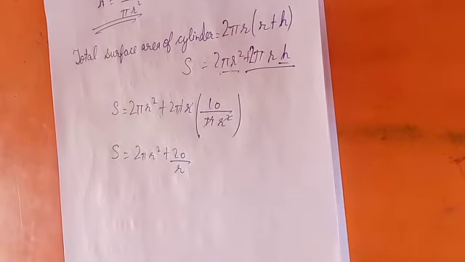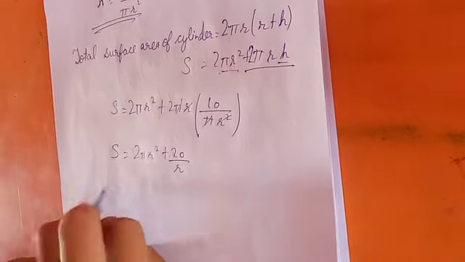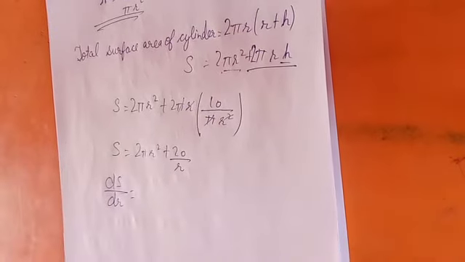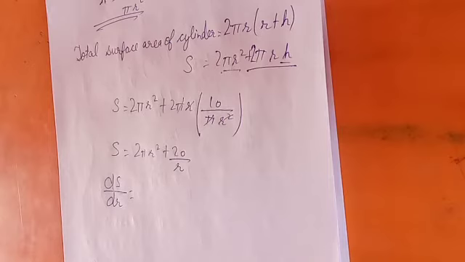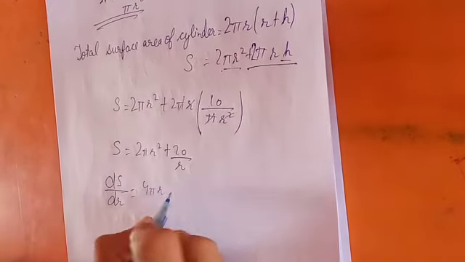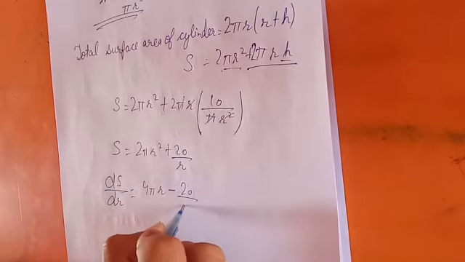Now we will do its differentiation, and what will be its differentiation? dS by dr. Why dr have we written? Because our variable is r here. So it will be 4 pi r minus 20 by r square.